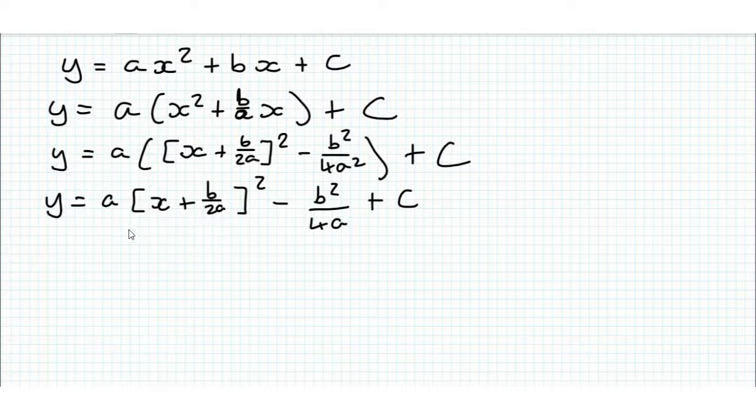So we get the minimum at x is equal to minus b over 2a. And then when that's the case, our y coordinate is equal to c minus b squared over 4a. This makes more sense when you do it with individual examples, but hopefully you're understanding what I'm trying to get across.